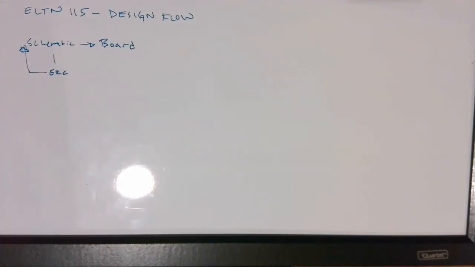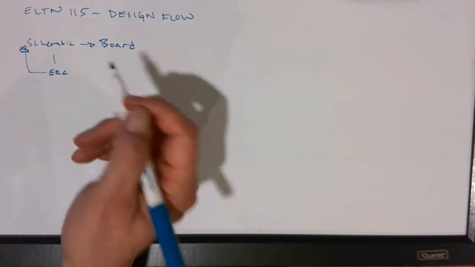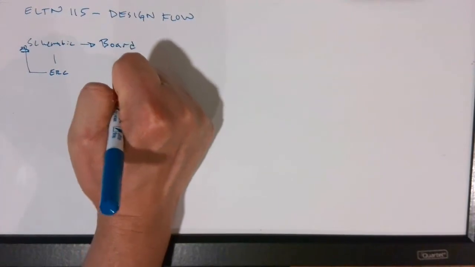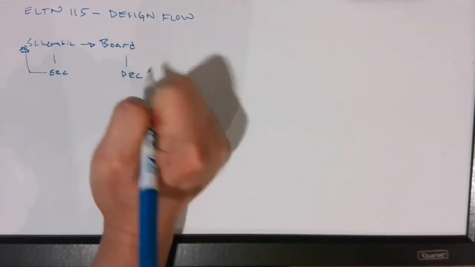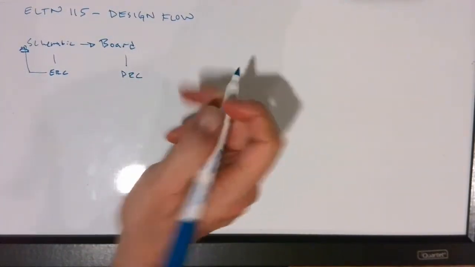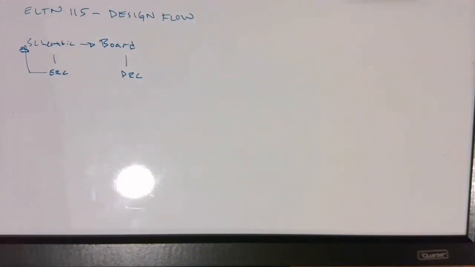Once the schematic is correct and everything looks good, the next step is designing the board, laying out the parts on the board. In this case, we're looking at DRC, design rule check, but there are a number of other things too. For example, we might have to check the dimensions for holes. You might have to work with a mechanical engineer to determine the shape of the board, cutouts, all sorts of other things.